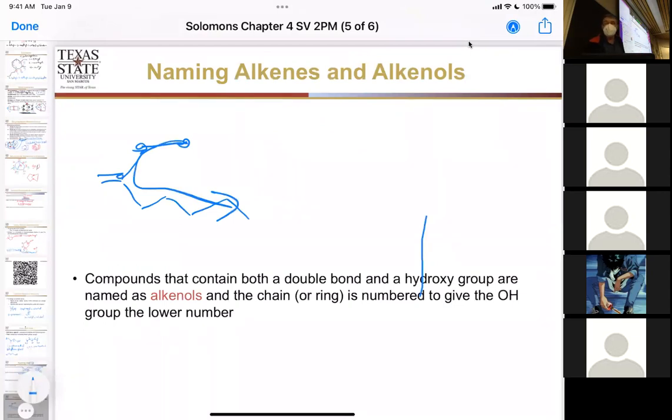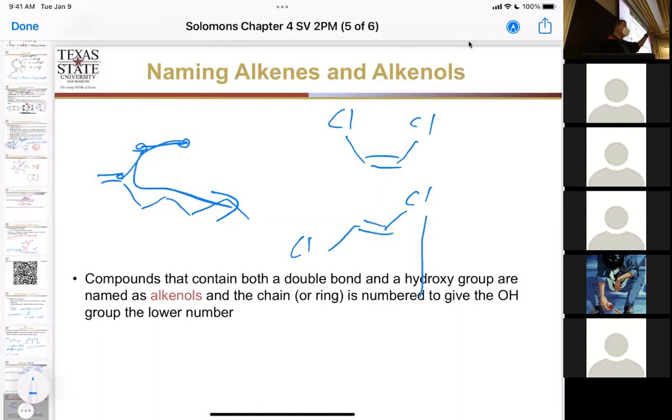And the other cool thing that we have with alkenes is cis-trans isomerization. I know we talked about this already when we were talking about dipole moments. So every alkene, if it has more than one substituent, can have stereoisomers.